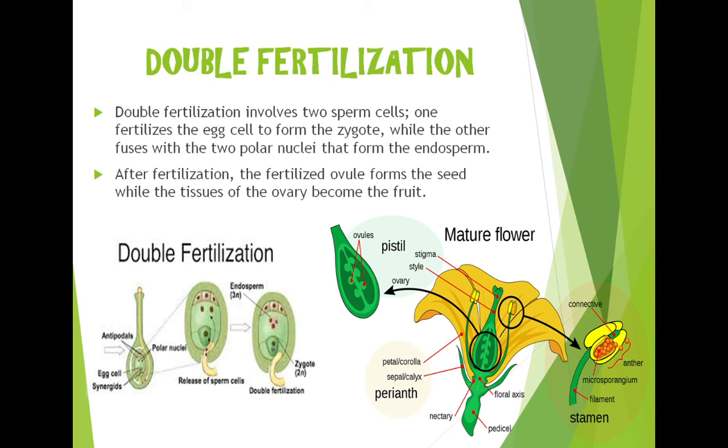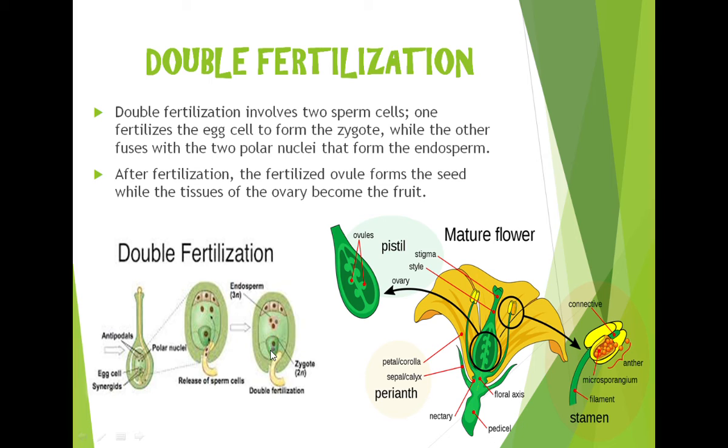After reaching, अब जब pollen tube या egg cells produce sperms, they reach the egg cells. Now double fertilization takes place because two sperm cells are formed, and from these two sperm cells, अब देखिए यहाँ आप देख रहे हैं two sperm cells, they are formed in the anther and these two sperm cells then enter into the ovary, and in the ovary the zygote is formed and another endosperm tissue is formed.